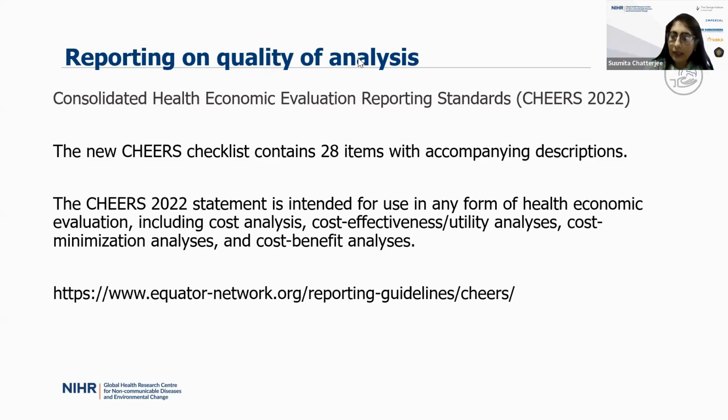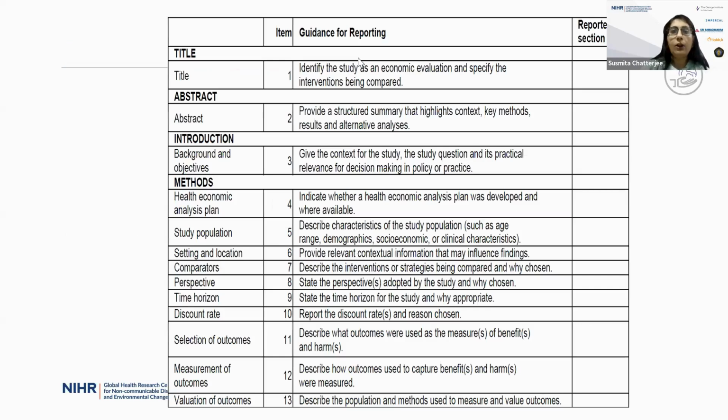So let's talk about this, because it's the quality of your work. What are you going to report in the checklist? What are the items it should be? So you need to have a title, and every time they have a guidance also, how you are going to report those, okay?